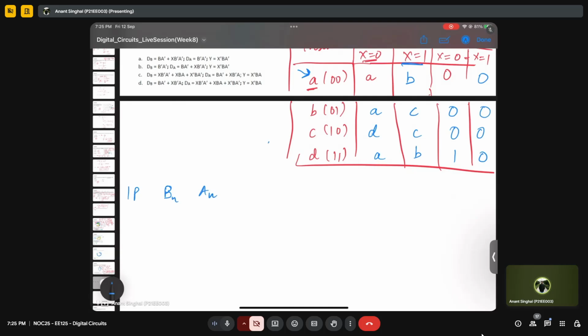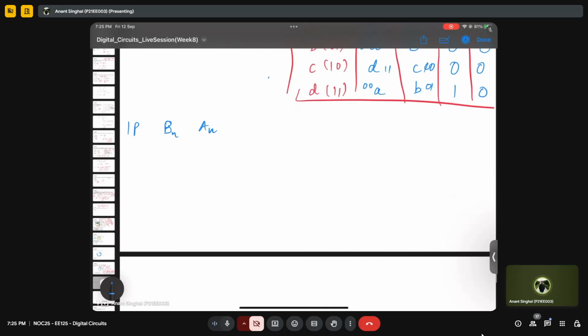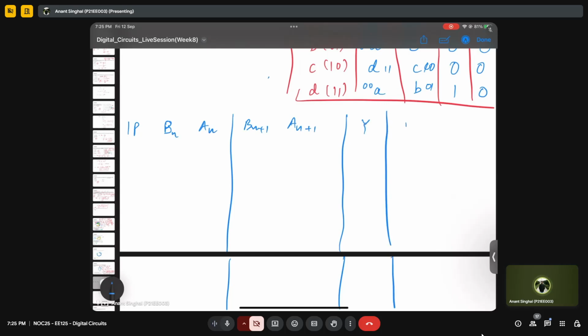I hope you already know that A is 0 1, this is 1 0, this is 1 1, this is 1 0, this is 0 0, this is 0 1. So we have the excitation table, we have the input, then we have the next state, then the output, and for the flip-flops, we have DB and DA.